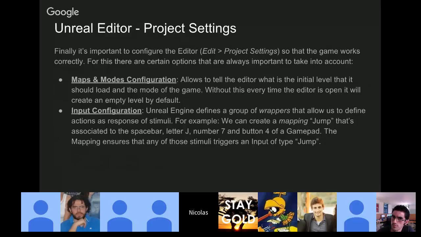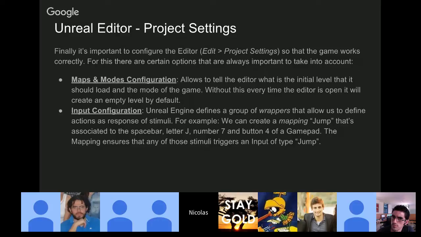The project settings are one of the important things that we should configure in the editor as soon as we can, prior to building any game. We can do this by going to Edit and then Project Settings, so that we know the game works correctly. There are certain options that are really important and we should take into account.